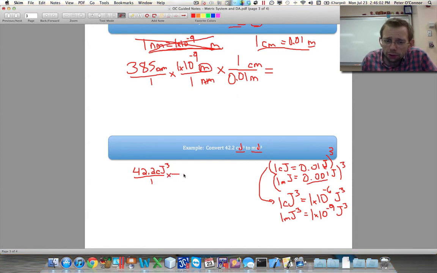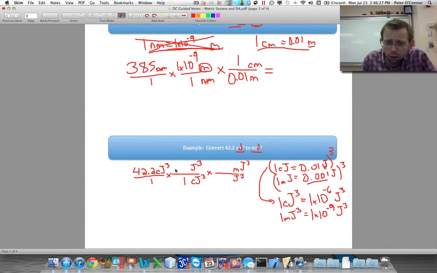You just want your labels to cancel out. Centijoule cubes here, so I gotta have centijoule cube here. Okay? And that means we're going to use the first conversion that goes to a joule cube. And then I want to get rid of my joule cube because I don't want joule cubed here. I want millijoule cubed. So millijoule cube. And now I just put the numbers in with what they match with.